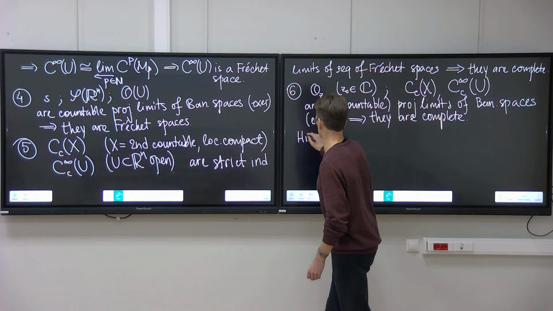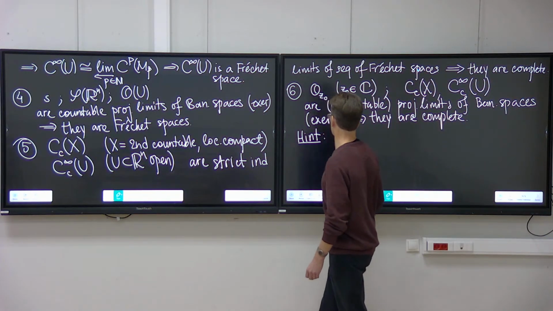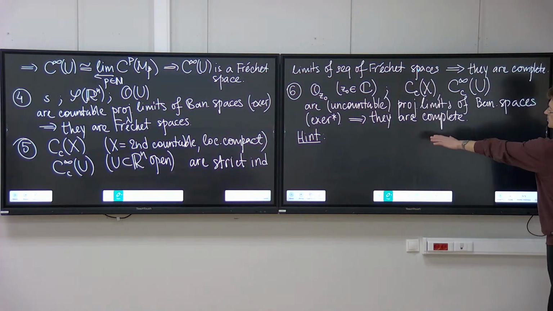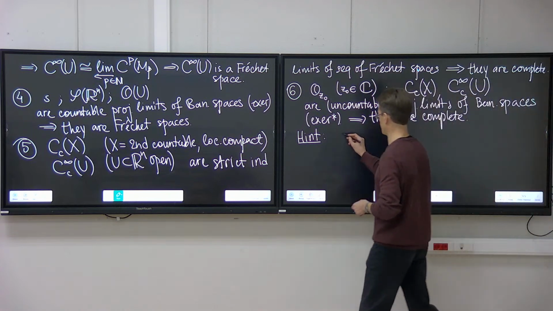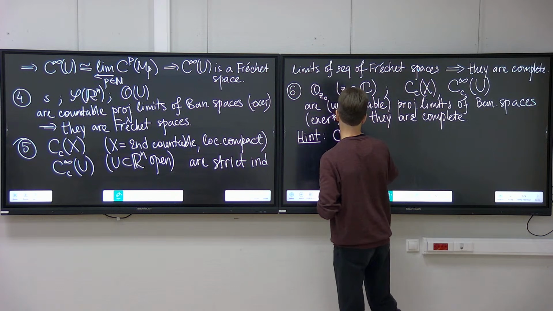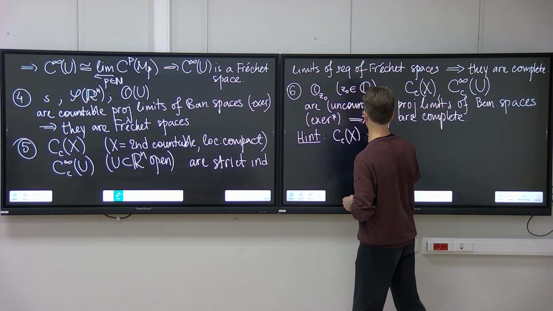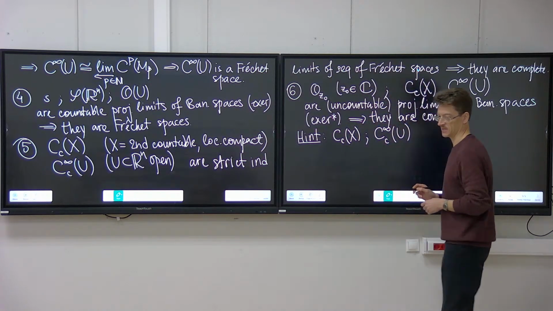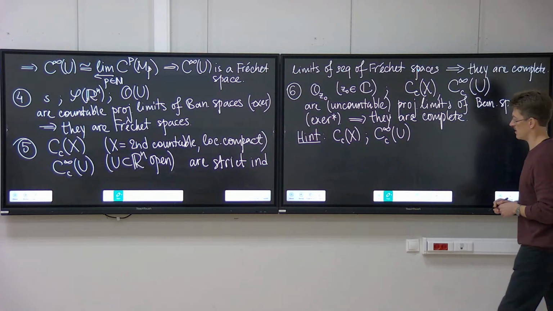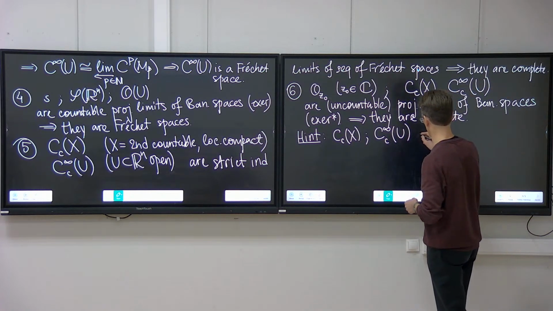Well, here's a hint. If we consider the spaces of smooth or continuous compactly supported functions, then to prove that they are isomorphic to projective limits of Banach spaces, it is convenient to use explicit defining families of seminorms from exercise sheet 4.